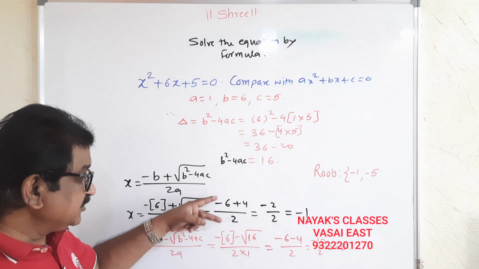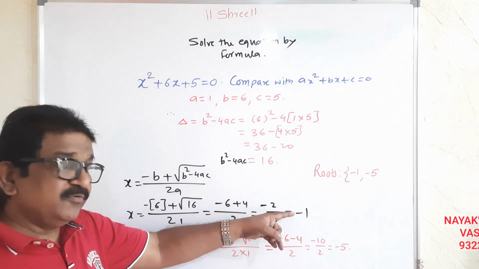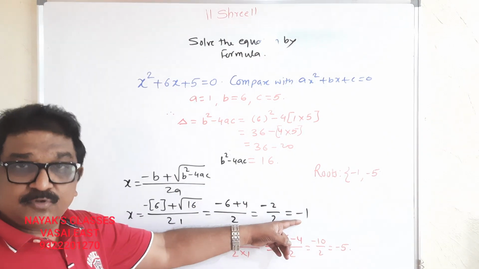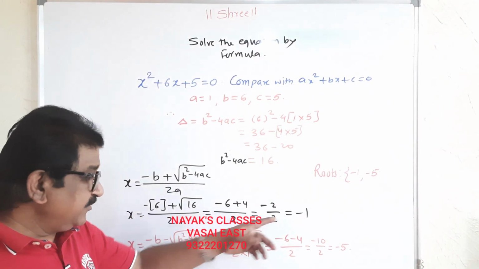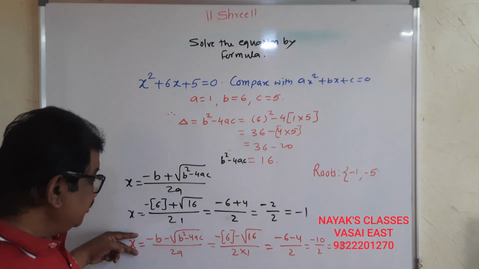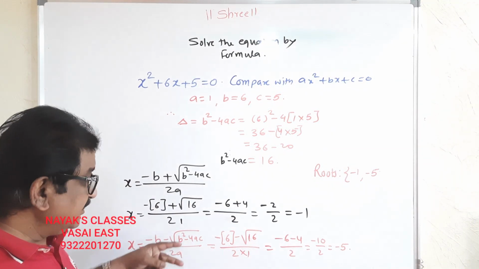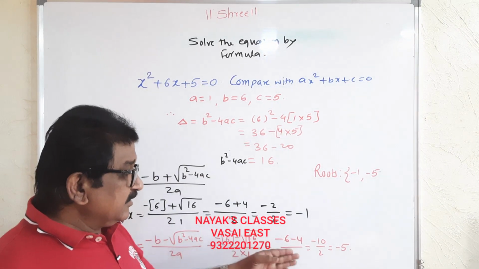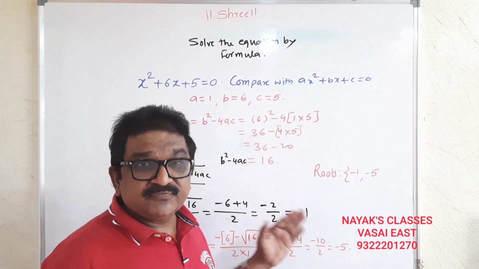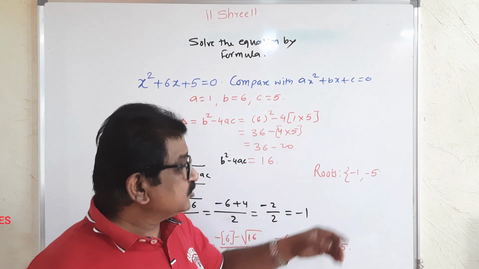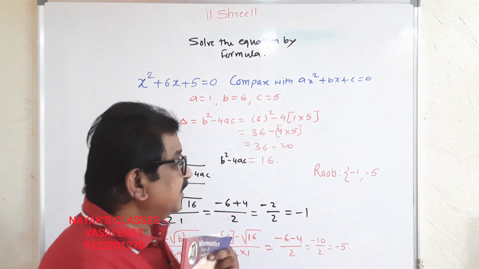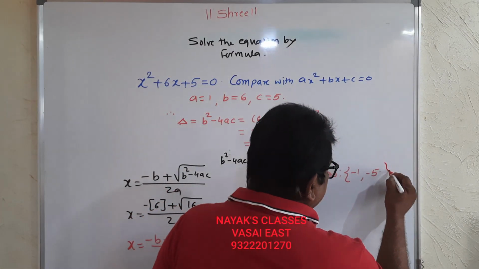By using the positive discriminant, we got the first root, that is minus 1, and by using the negative discriminant, we got another value, minus 5. So the roots are minus 1 and minus 5.